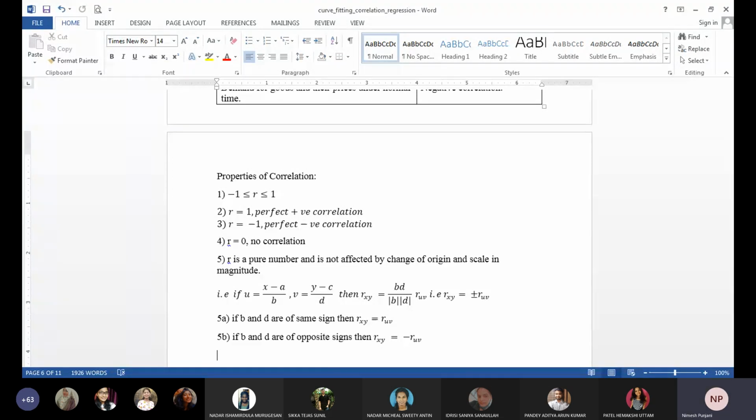That is why r xy will be plus or minus r uv.